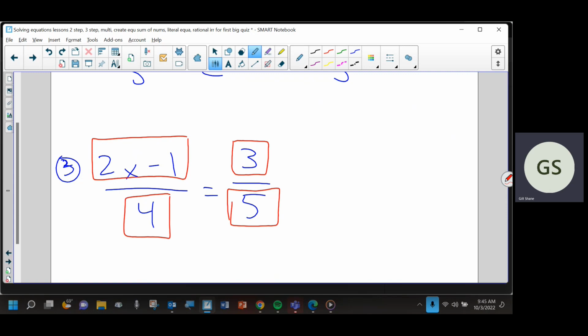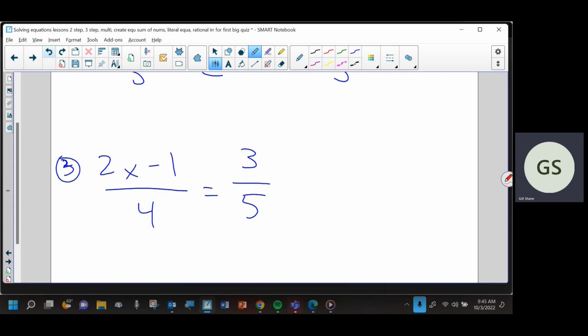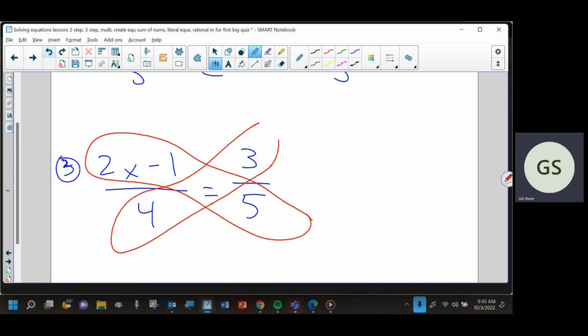So from here, I can just go ahead and get rid of what I just drew in. I can go ahead and do the butterfly thing. So the butterfly thing, we said we draw these butterfly wings, and what we're doing is we're cross multiplying. So when we solve a proportion, we're cross multiplying, but we draw those little circles, and we call those butterfly wings, is what I mean by the butterfly thing.